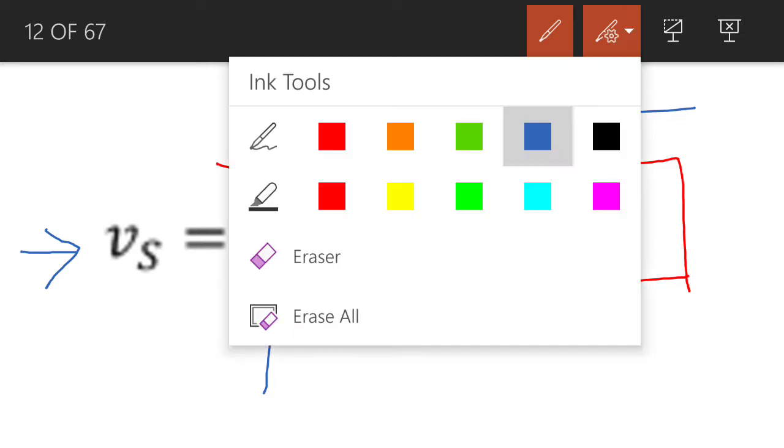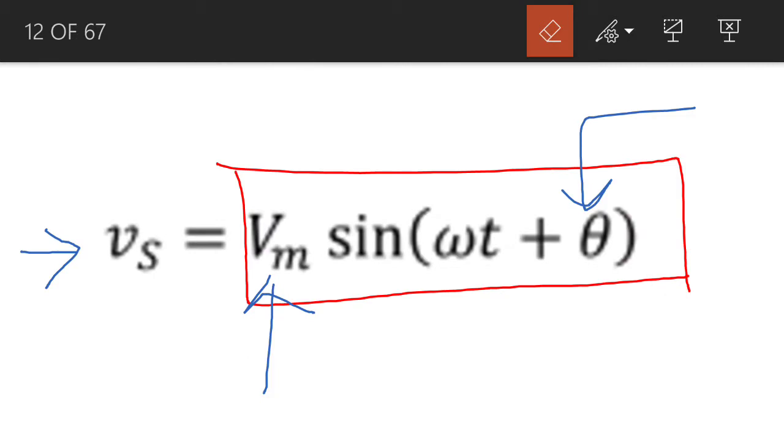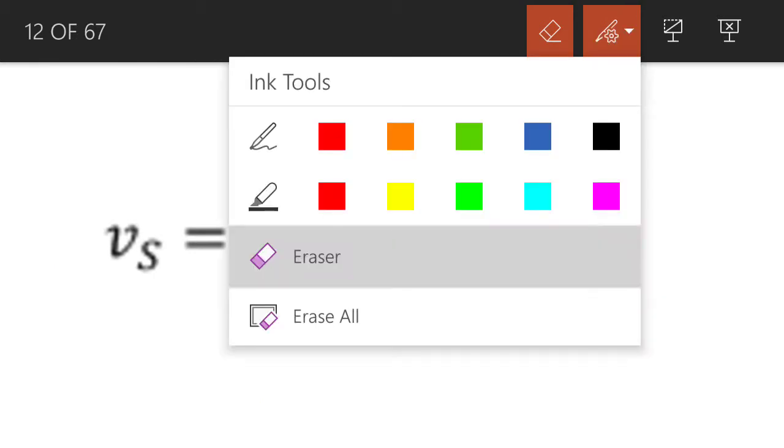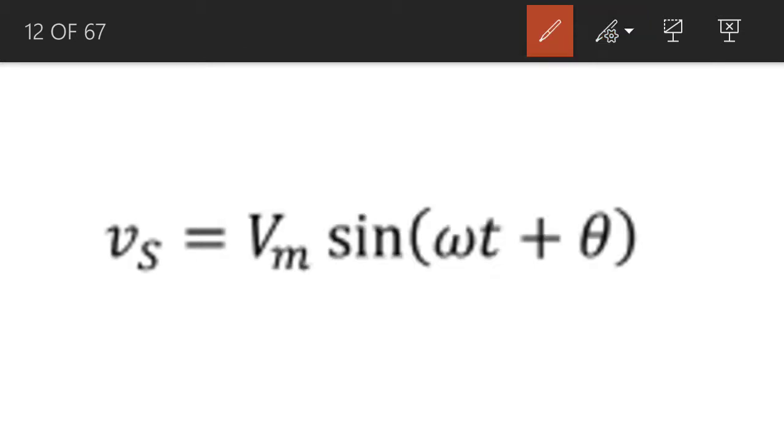But you see, the maximum value of this AC voltage is unknown so far. How to find out the maximum value of this AC voltage?